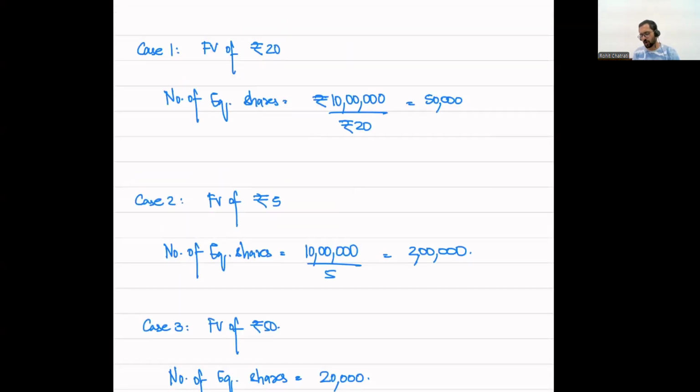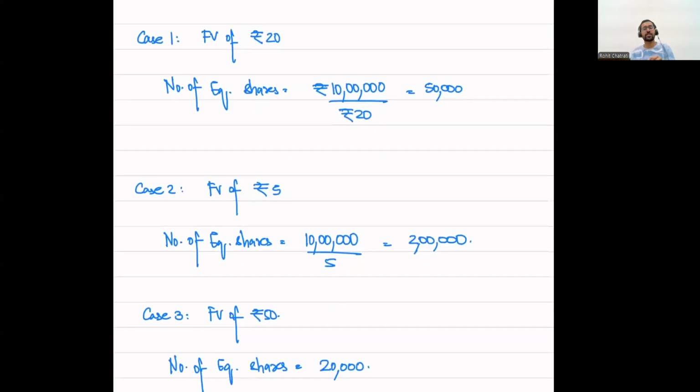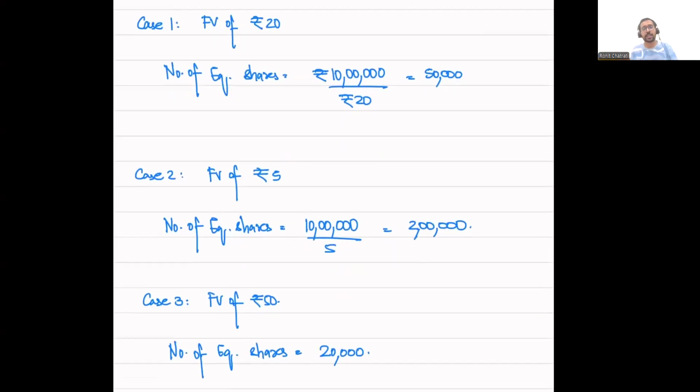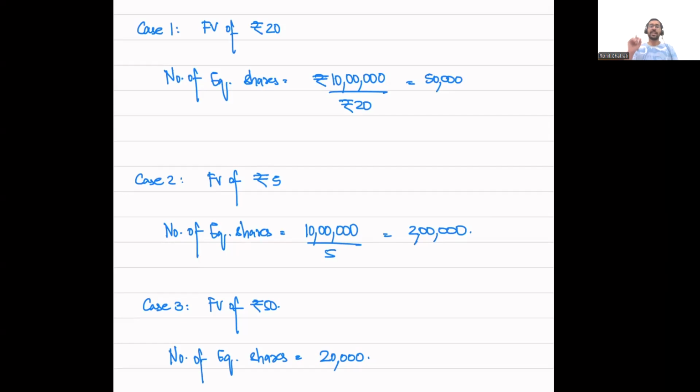If you notice in all the three cases, think of it from a holder's perspective. Irrespective of whether the share price is 20 or 5 or 50, the holder is always receiving 10 lakh rupees only.